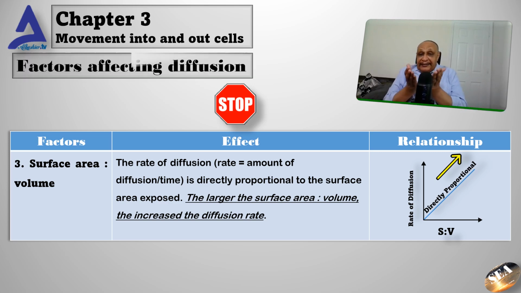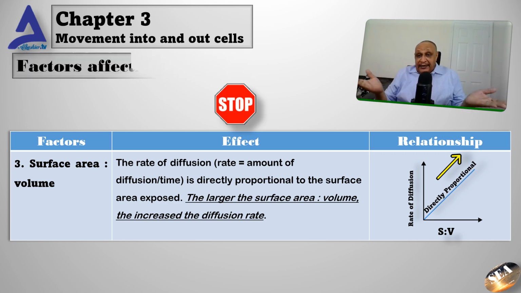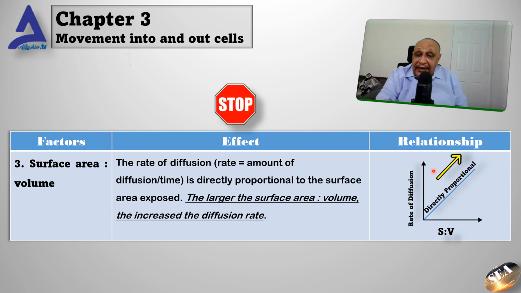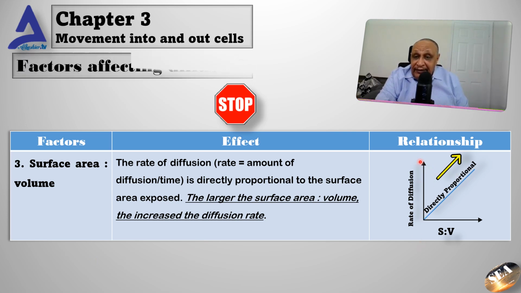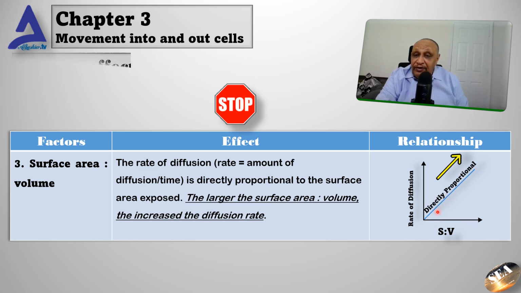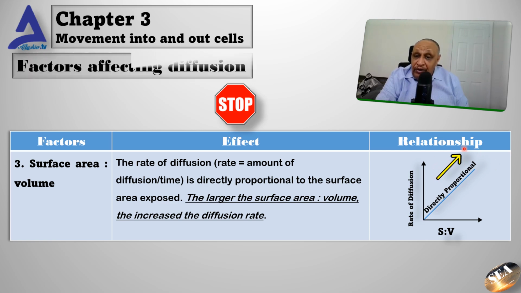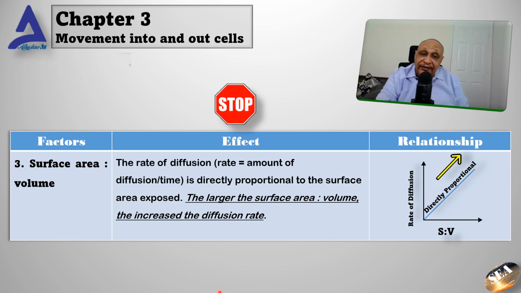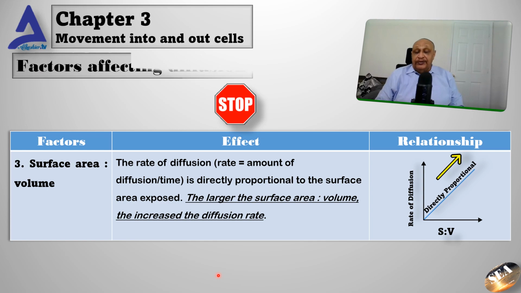The larger the surface area, the larger the rate of diffusion. Here we can see it in the plot: the y-axis is the rate of diffusion, and this is the surface area. It's directly proportional because it always goes up in a linear manner.